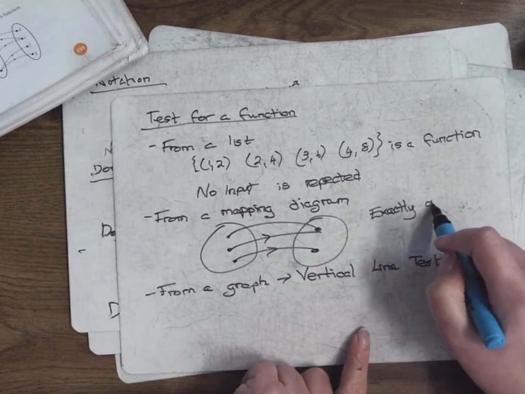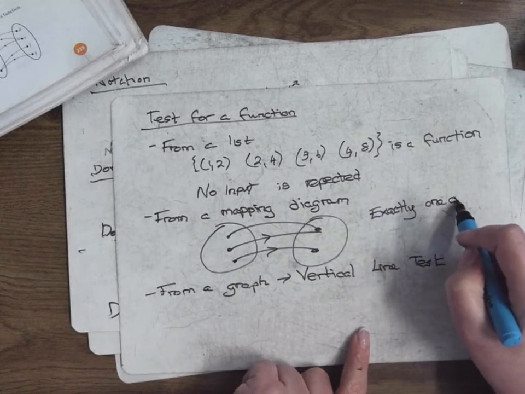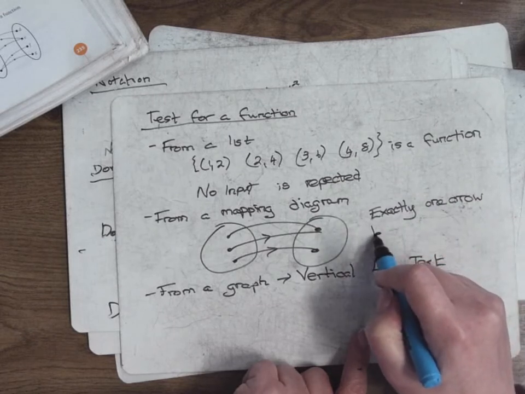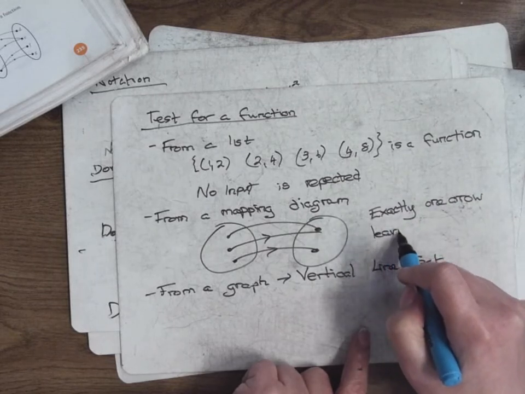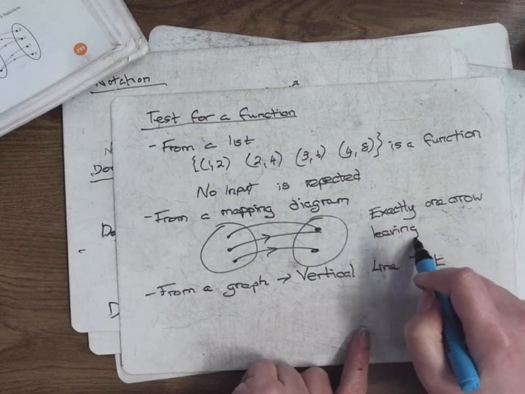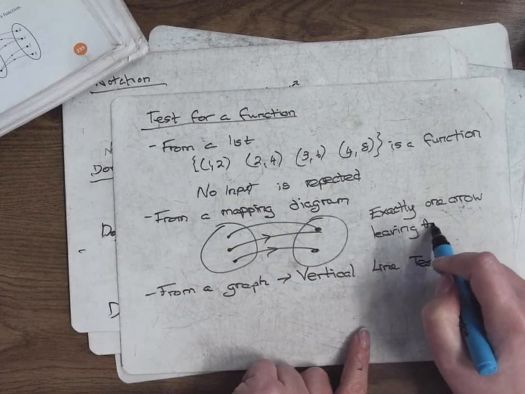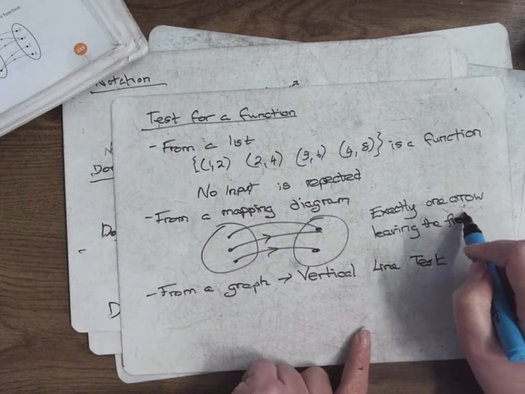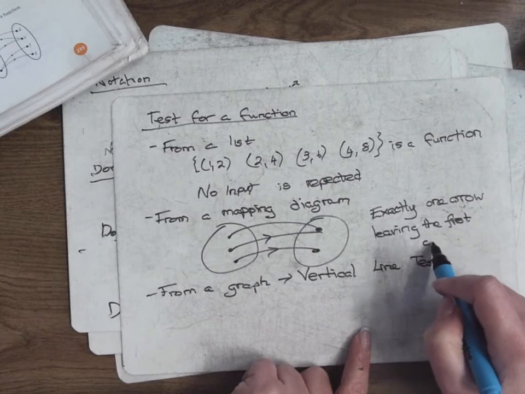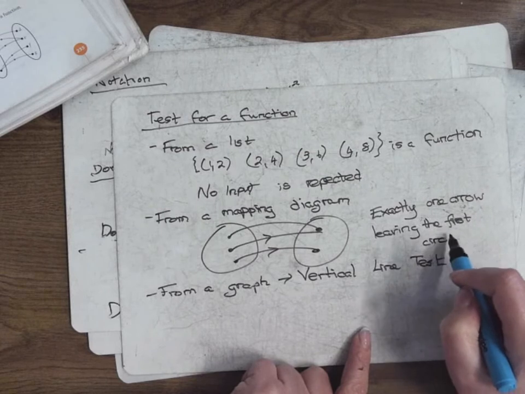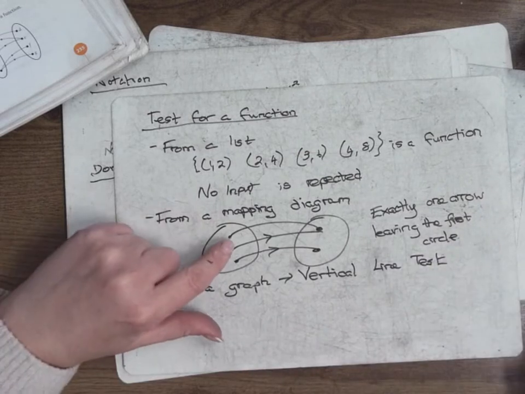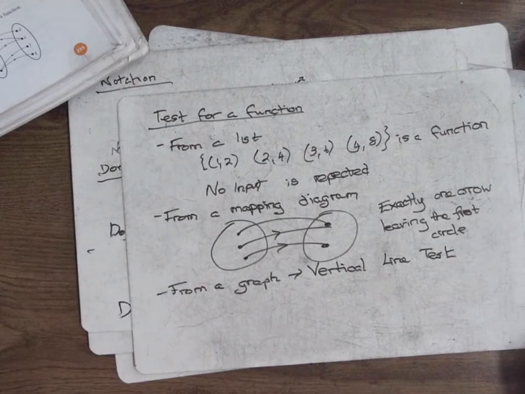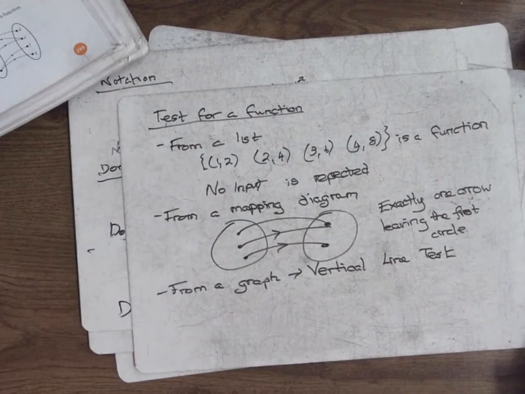Exactly one arrow leaving the first circle. Again, it doesn't actually matter where they go, as long as there's only one arrow leaving each input value in the first circle. So there's exactly one. Not 0, not 2, exactly 1.